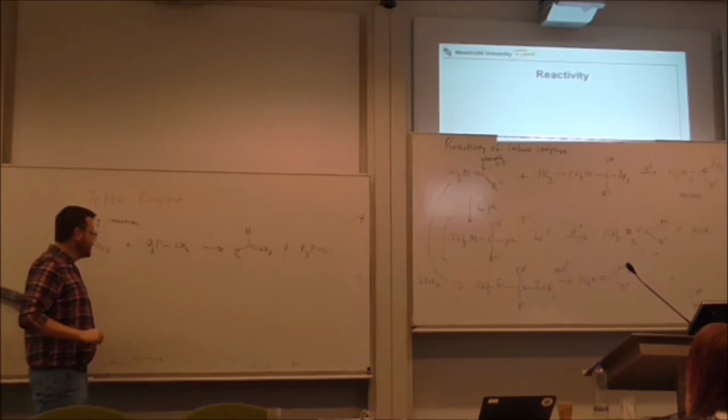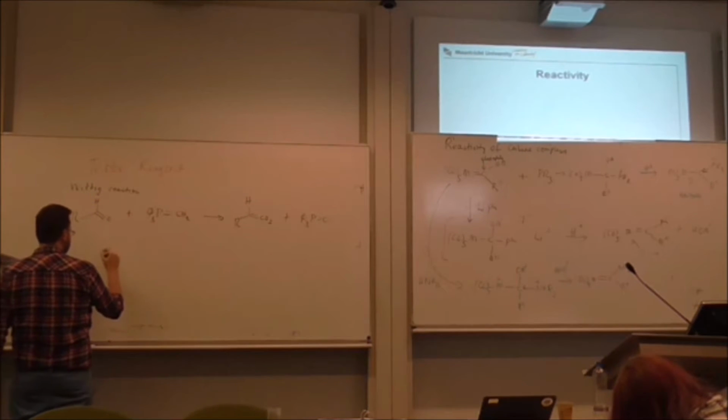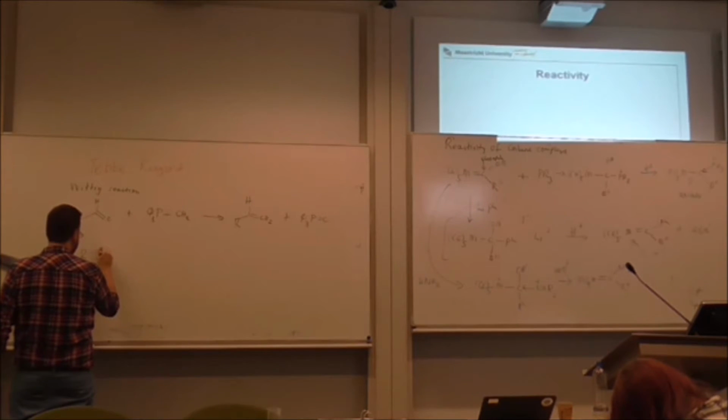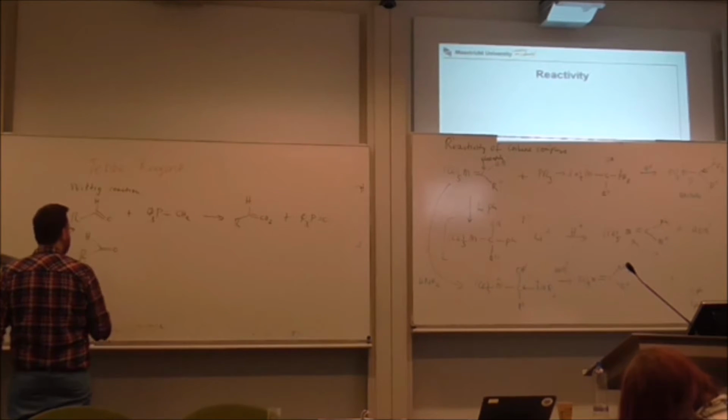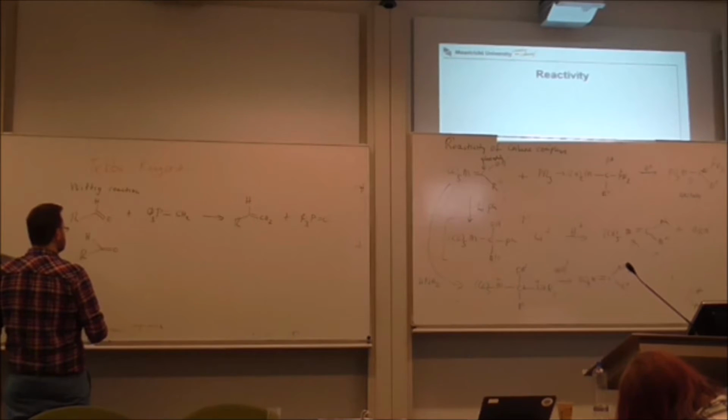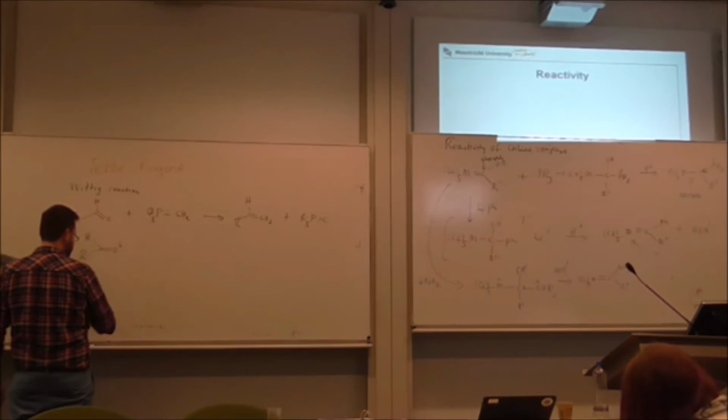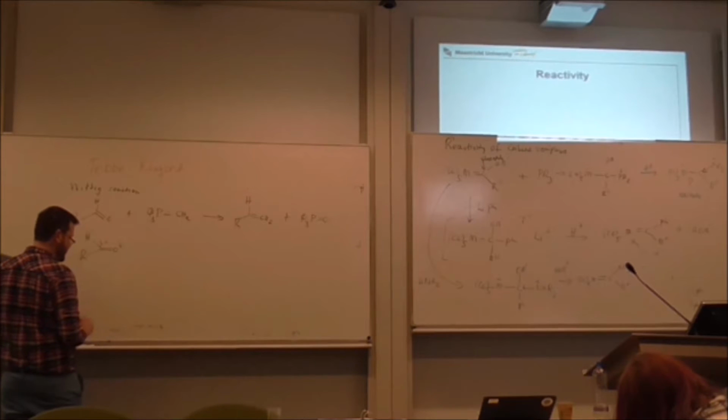How does it work? Well, the mechanism is something like this. You have R, and what happens is you have, this is a delta minus, this is a delta plus.